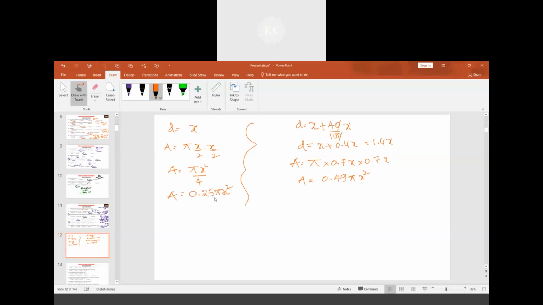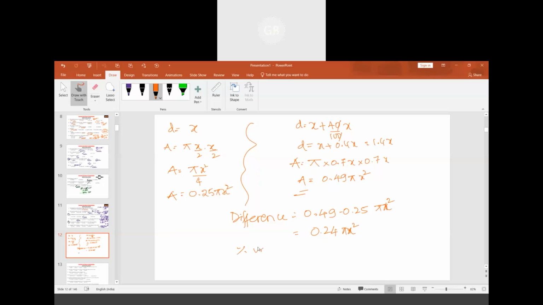Now this is the new area. Difference is what? 0.49 minus 0.25 is 0.24 pi x square.